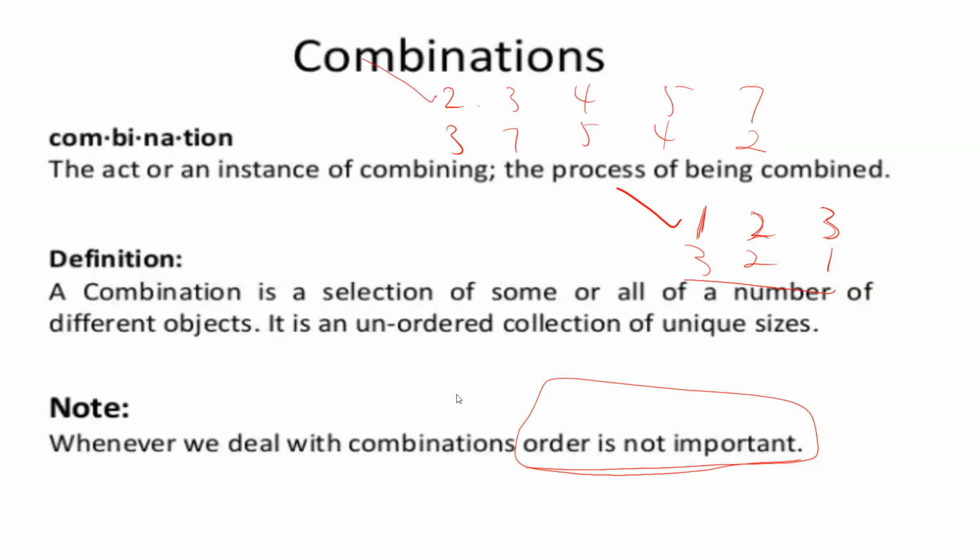And tonight they draw 3, 7, 5, 4, 2. Do you win the Lotto? Yes, you win, because Lotto involves a combination, so the order does not matter.